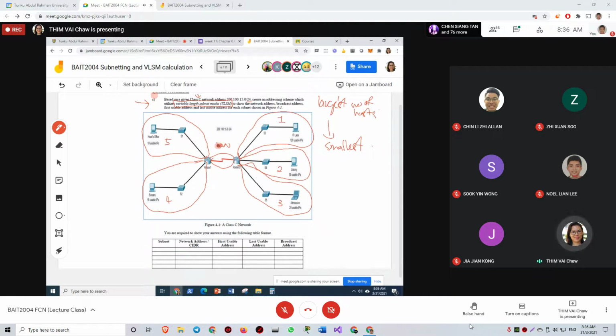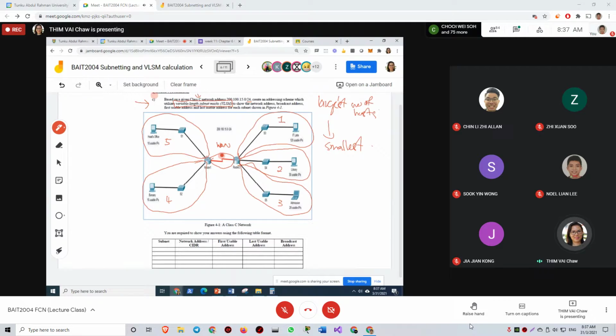Wide area network means that router 1 and router 2 belong to different locations. Maybe this one is in JB headquarters and this one is in Puchong, for example, very far away, or one is in KL, one is in Penang.